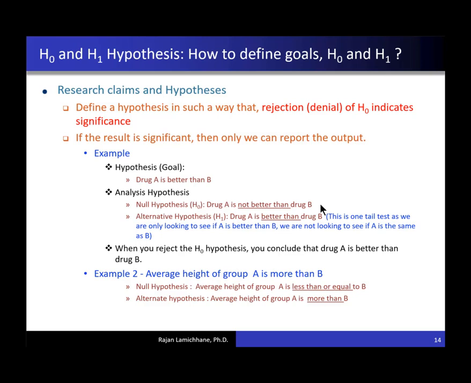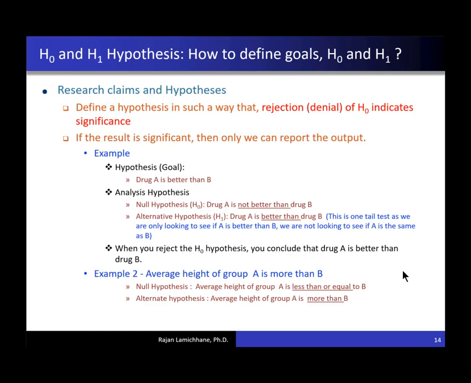If you are saying drug A is more than drug B, then this is a one tail or right tail test. And if you are saying drug A outcome is less than drug B, then it is a left tail test. Now, in this scenario, once you reject this null, then only you see this is a significant outcome.